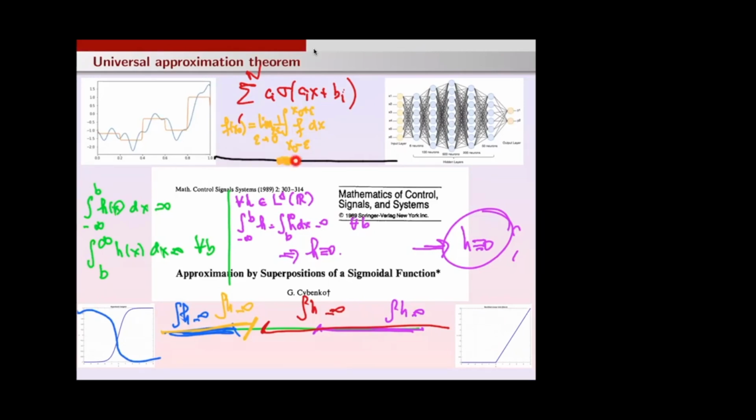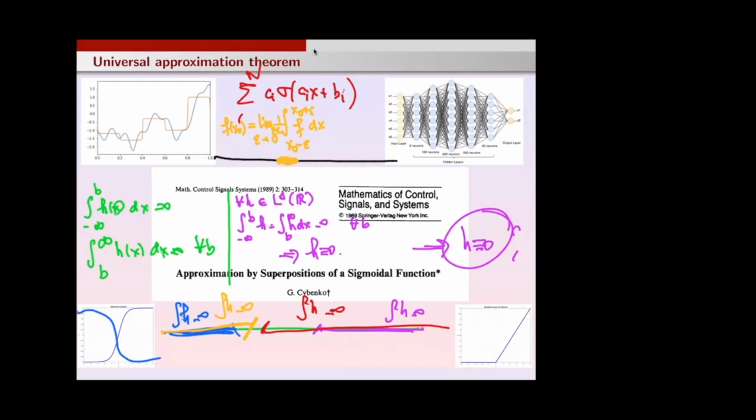Because if the average is 0 in every subinterval, then by the Lebesgue differentiation, the value of the function will also be 0 in the center. But how do I show that the integral of f is 0 in every subinterval? I know it on half lines, to the left and to the right. Well, the observation is quite elementary. According to this statement here, the Hahn-Banach contradiction leads to the vanishing of averages on half lines.